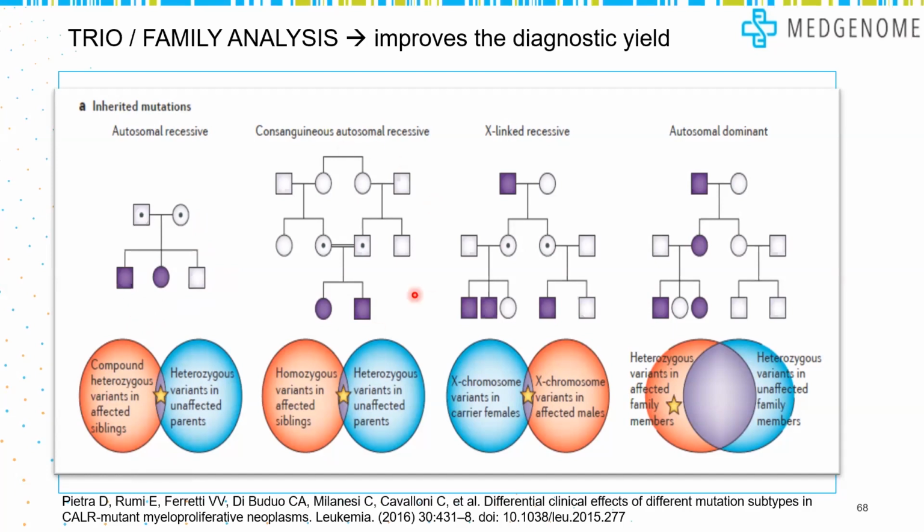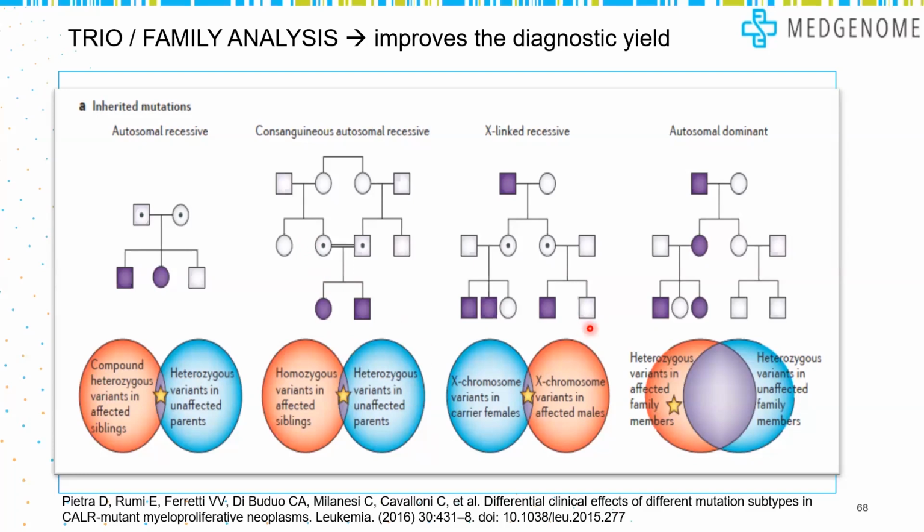Similarly, in consanguineous marriages, or where there is a high form of inbreeding in some communities, we can see that there are two siblings affected and they would be having homozygous variants and the parents would be heterozygous. So in one analysis, we can get a higher yield compared to doing a proband.